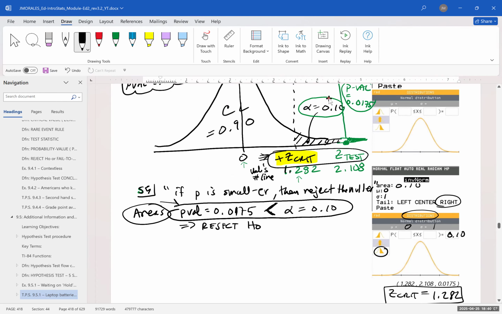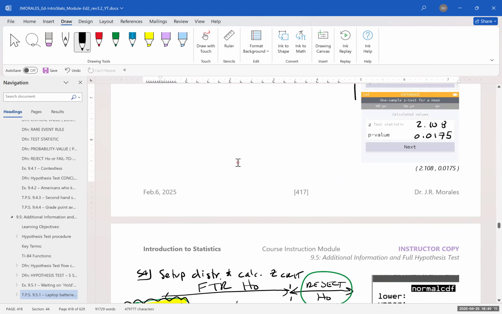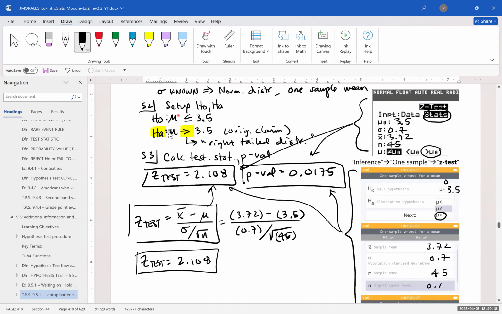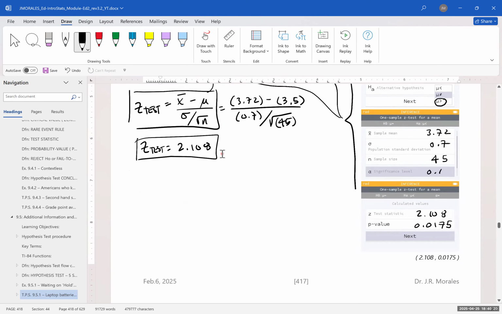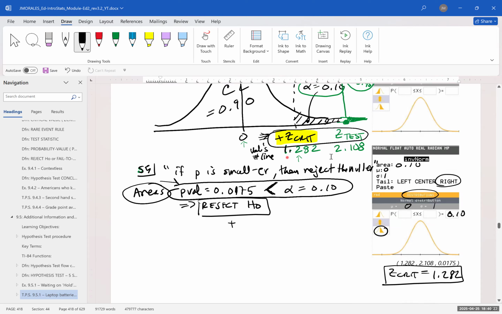So we are going to reject the null. And what was our original claim? The original claim was the alternate hypothesis.